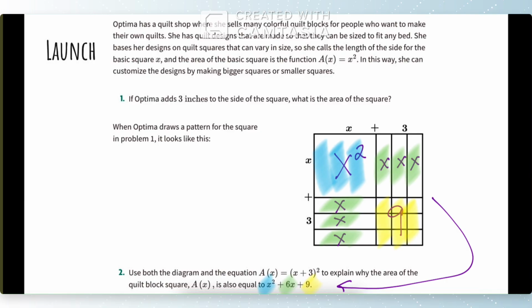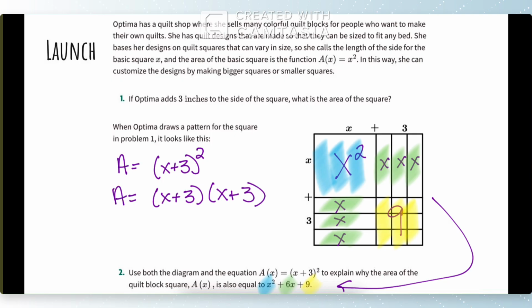If I wanted to double distribute with this equation, the x plus 3 squared, I could write it as x plus 3 times x plus 3. That's our area, right, in this case. Oh, so they're using A of x, but you get the vibe. I could change it to A of x.